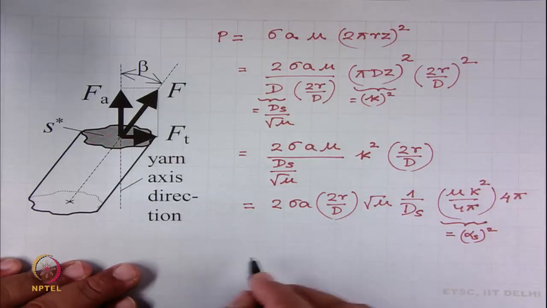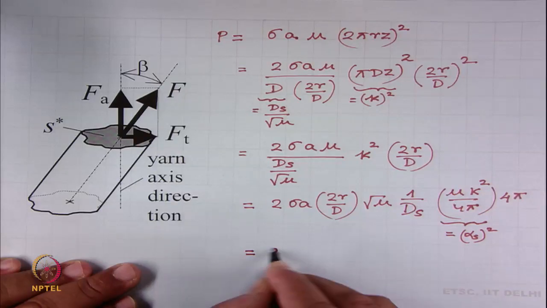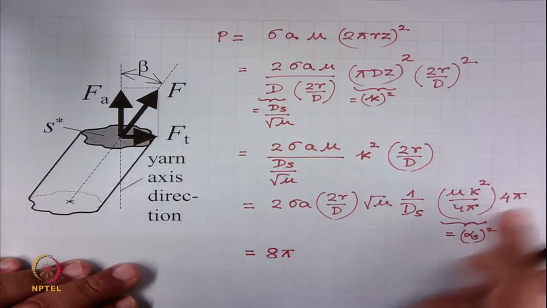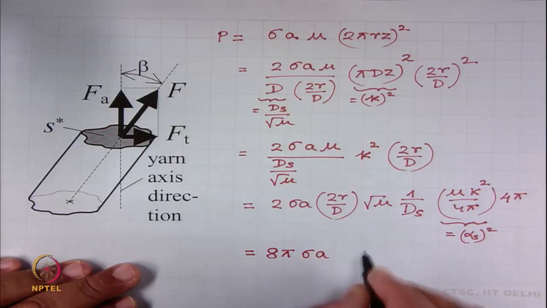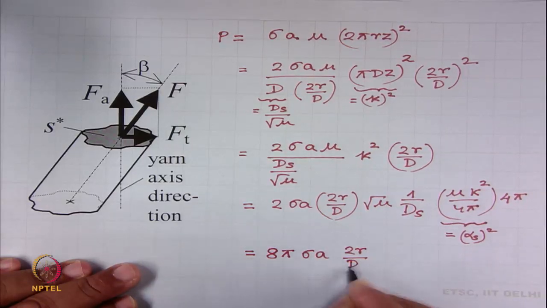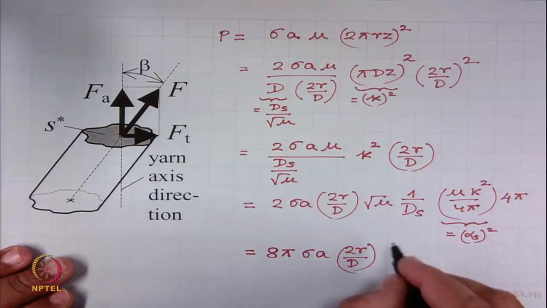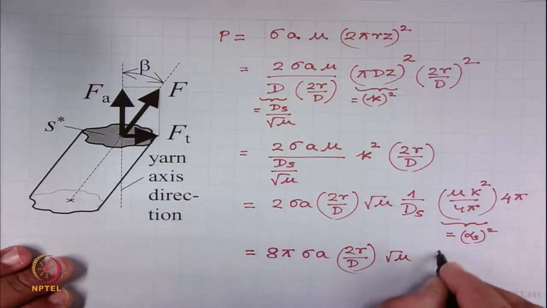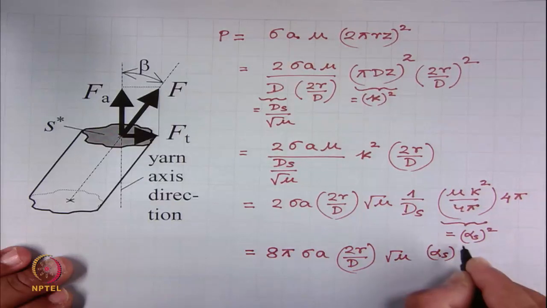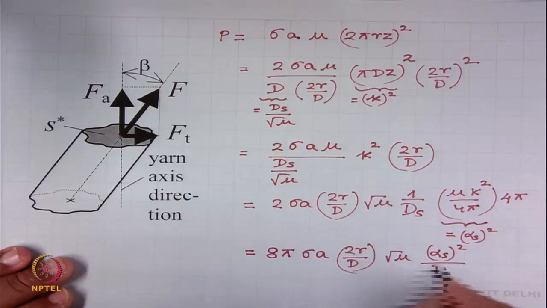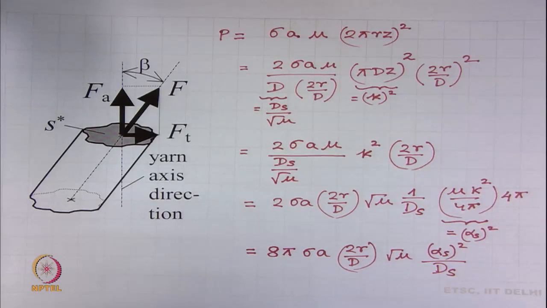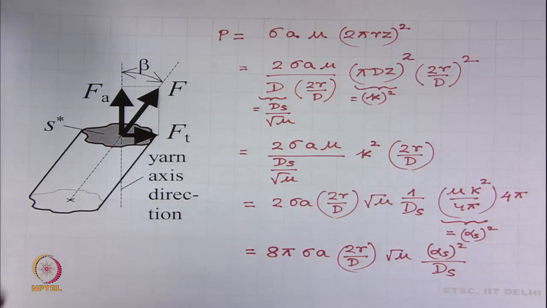So, finally, what we see, 8 times pi sigma a 2 r by d root over mu alpha A square by ds, isn't it, right? By ds.